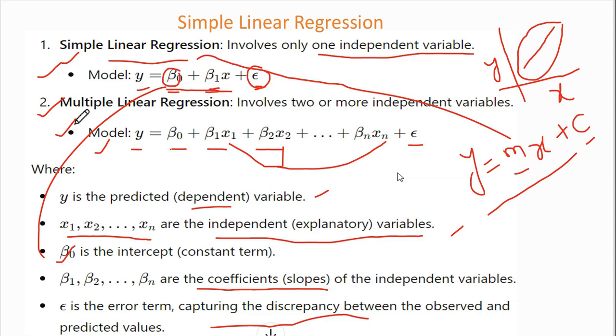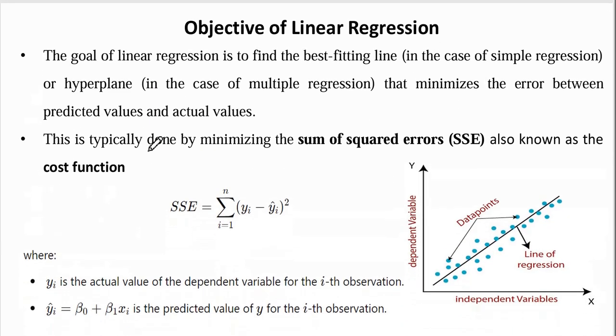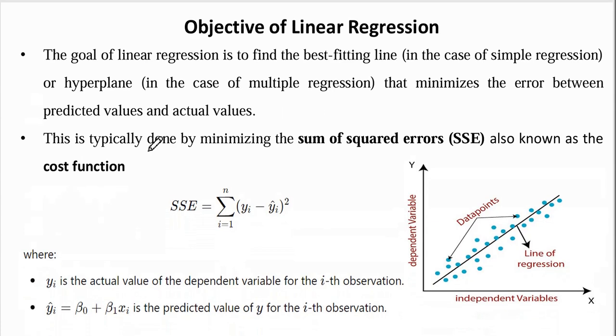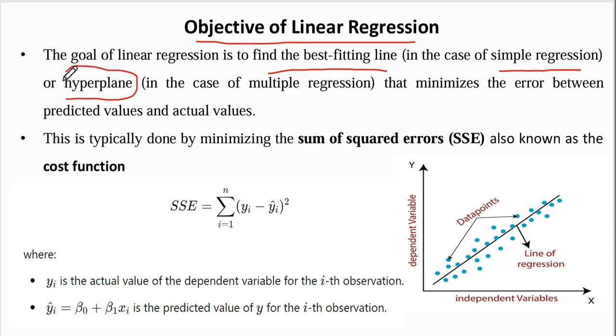First, we are trying to understand how to build a linear regression on a simple data set. Before building a linear regression model on the given data set, the main objective of linear regression is that we must find the best fit line in case of simple linear regression, whereas in multiple linear regression we have to find the best hyperplane.